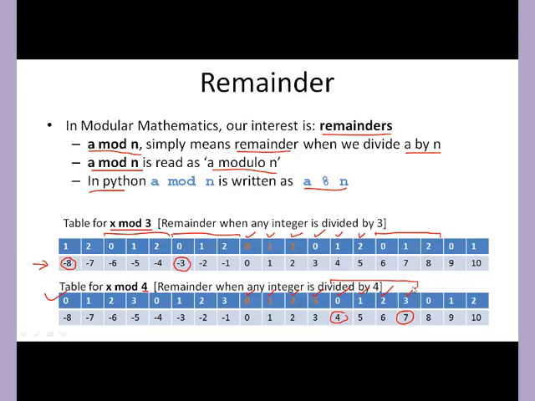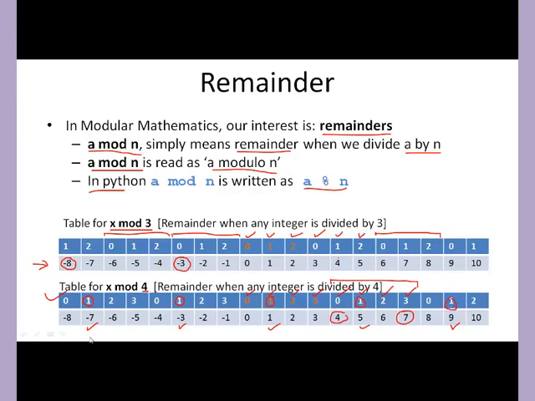One more thing: if we talk about only remainder 1, what happens? Corresponding to remainder 1, there is -7, another with remainder 1 is -3, another is 1, another is 5, and for the next one it is 9.